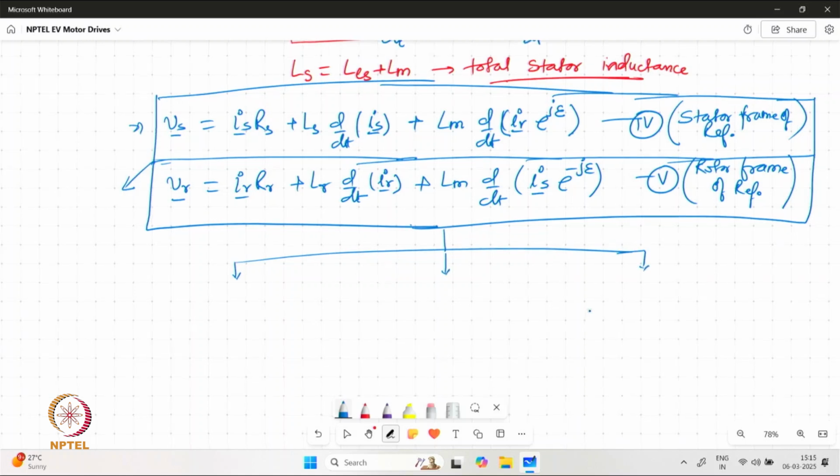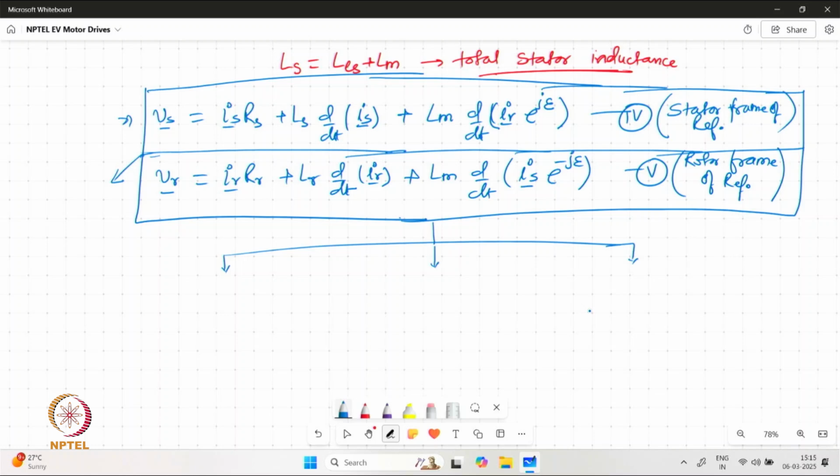So the most general form is basically when we have windings on both the sides, which means stator as well as rotor, and there is a possibility of providing supply from both the sides. Such a kind of machine is the wound rotor induction machine, which will basically correlate to both these equations. We need both the equations to solve for having the control of this wound rotor induction machine.